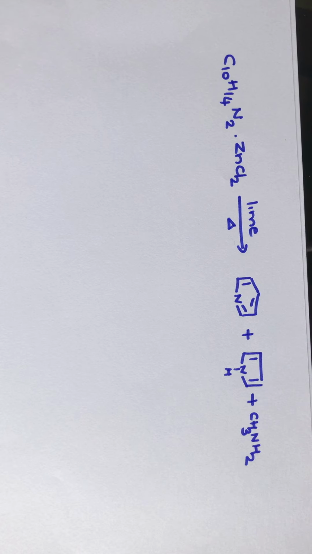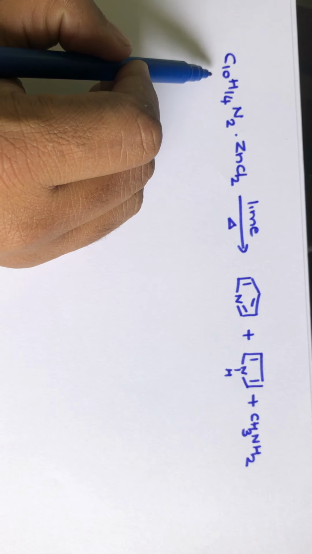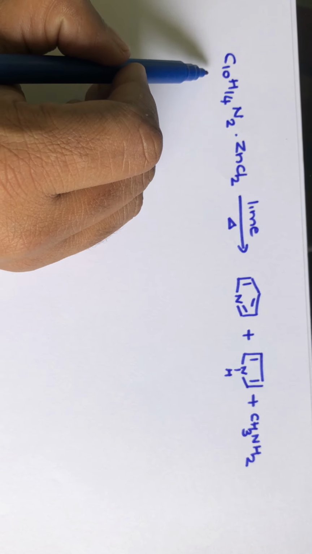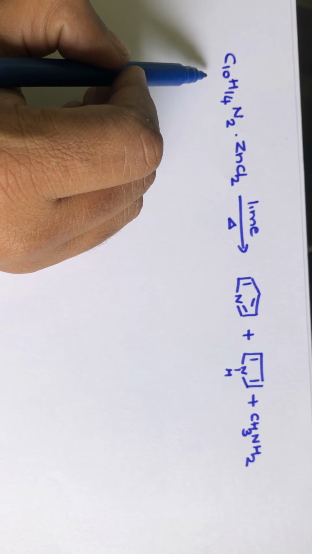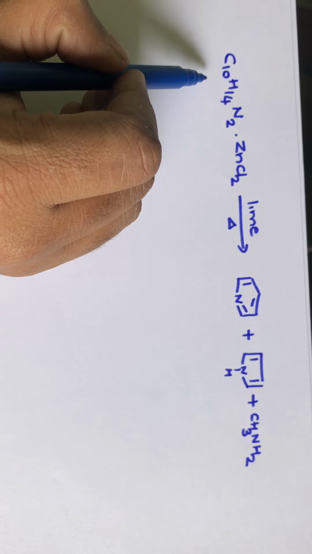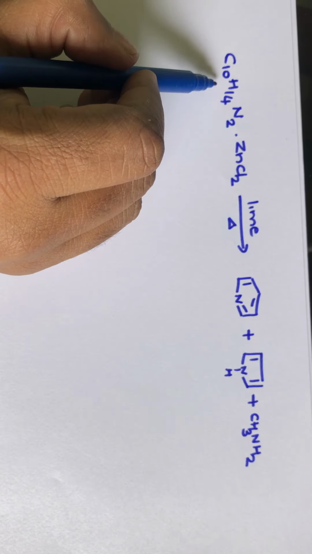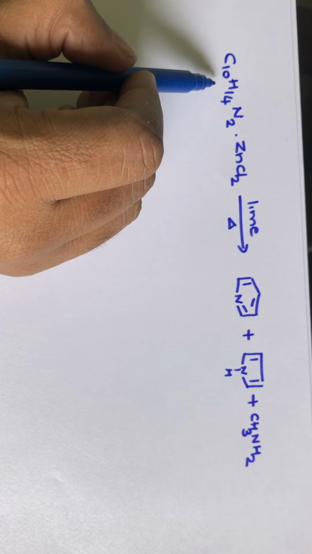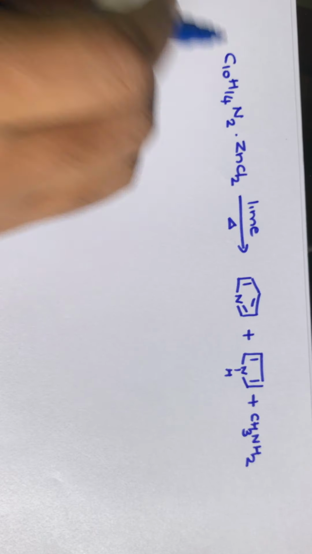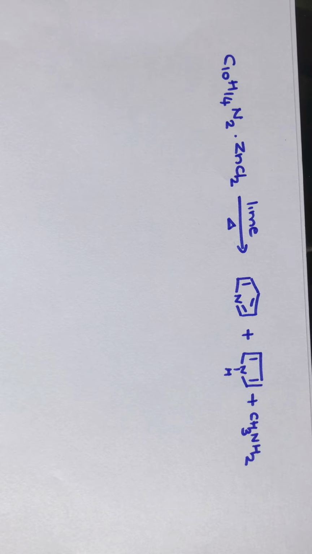Therefore, the side chain, that is C5H10N, is a pyrrole derivative. So the side chain should be a pyrrole derivative. That means a pyrrolidine ring is present.